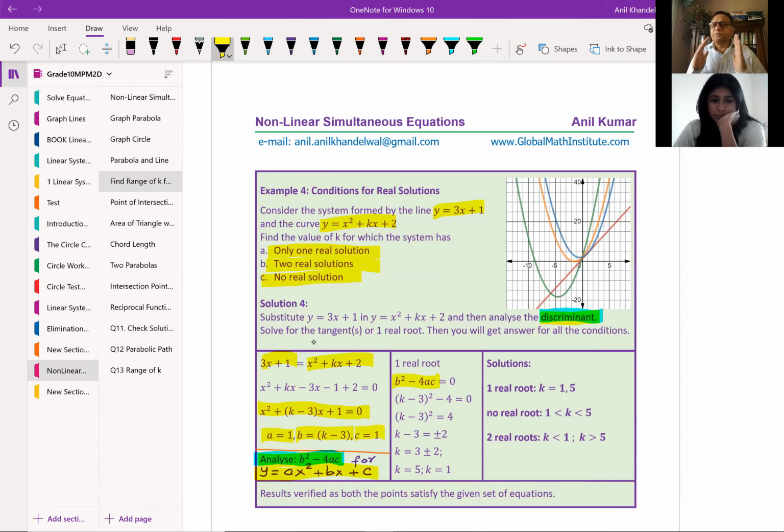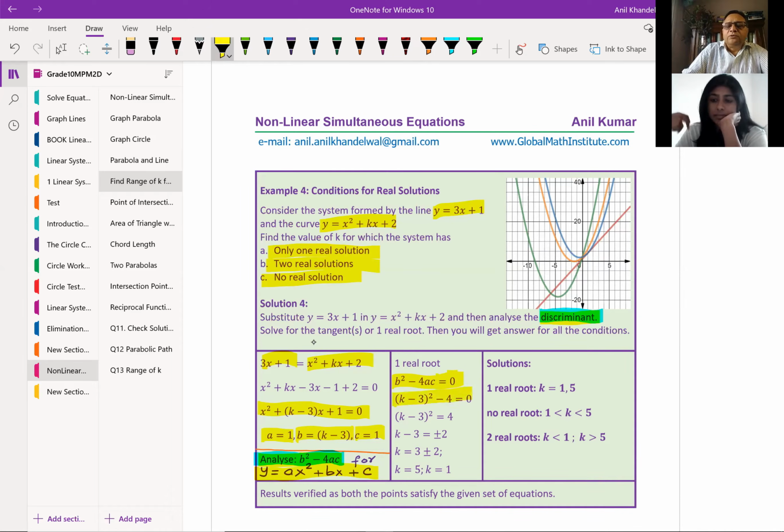Now, when we are given three conditions, that is only one root, two real solutions, or no real solutions, the best thing is to equate it to 0. When you equate it to 0, we know the line is tangent, so only one real root, correct? So work with that one.